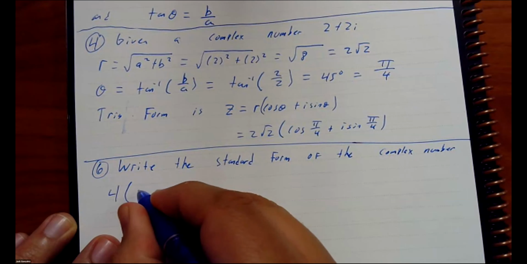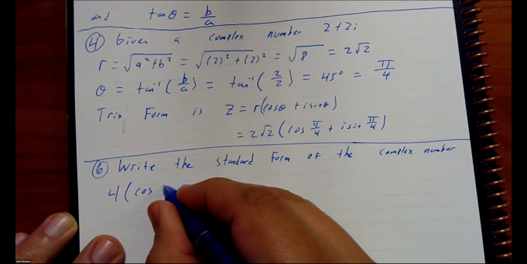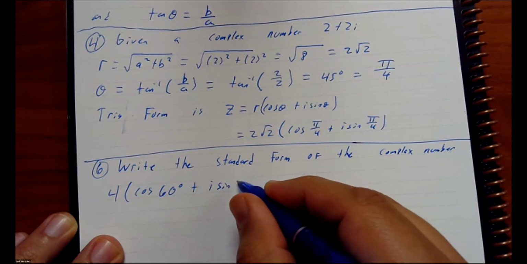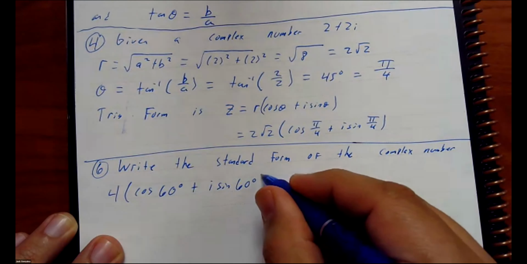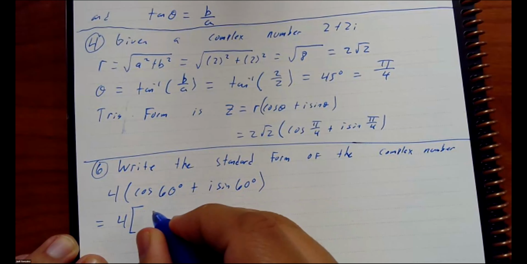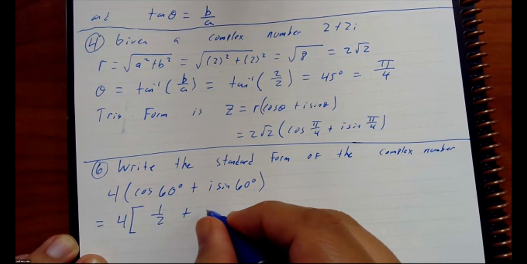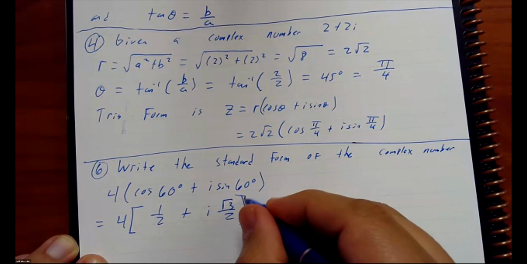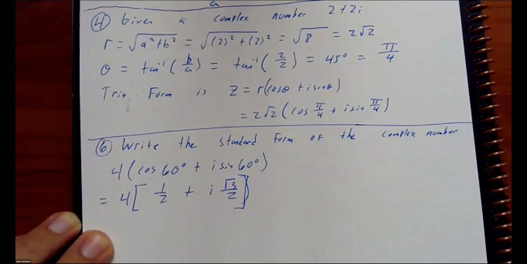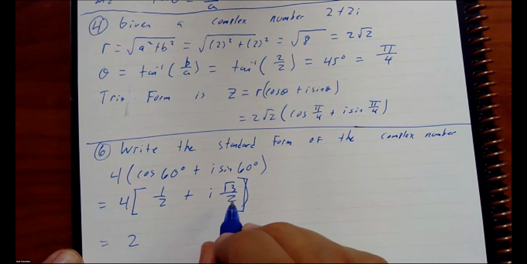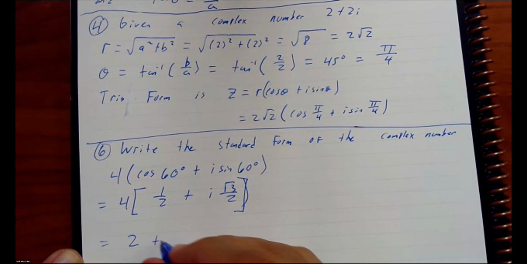The 4 times cosine of 60 degrees plus I sine 60 degrees. That'll be 4 times 1/2 plus I times square root 3 over 2. Distribute your 4, and that'll be 4 times 1/2, that's 2. 4 times another half, that'll be 2.